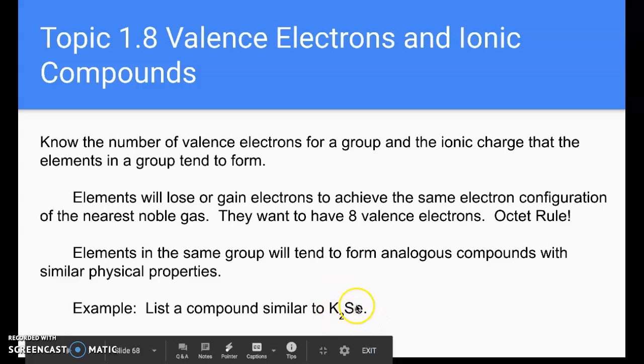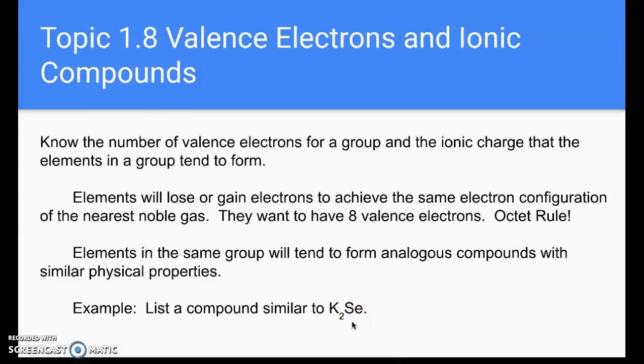The thing that has to stay the same is the 2-to-1 ratio between the metal ion and the non-metal ion. With selenium, you can substitute in sulfur, which is right above it, or tellurium, which is right below it. So you could have K2S. That would be an analogous compound. Or you could have K2Te.